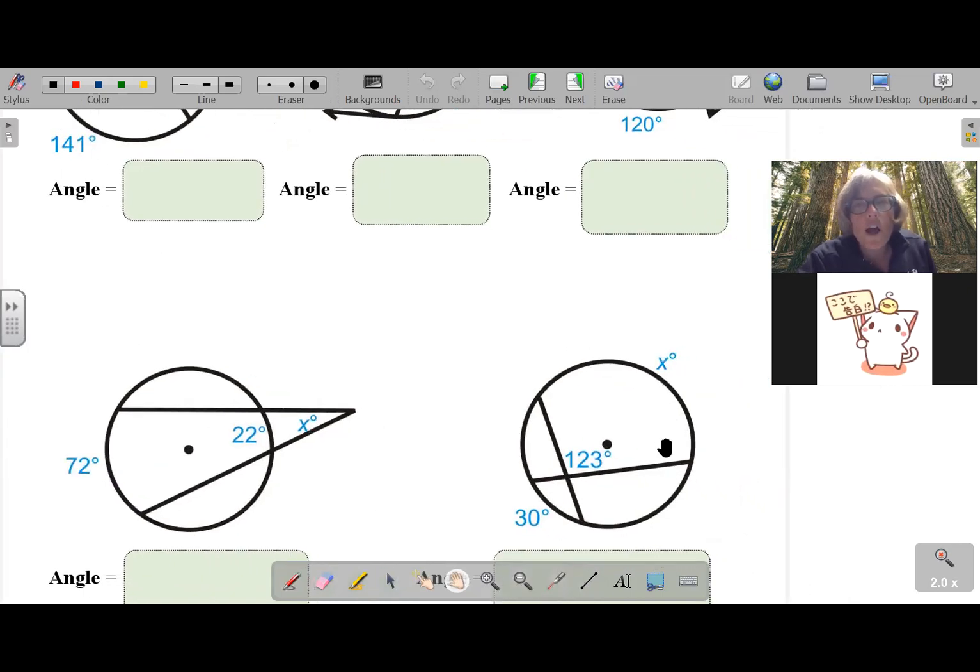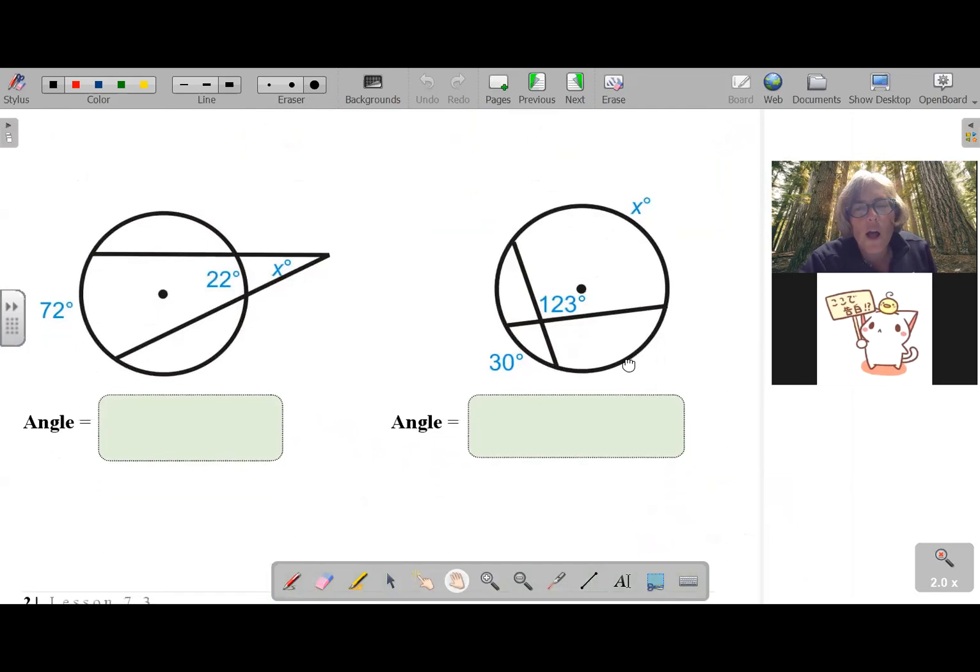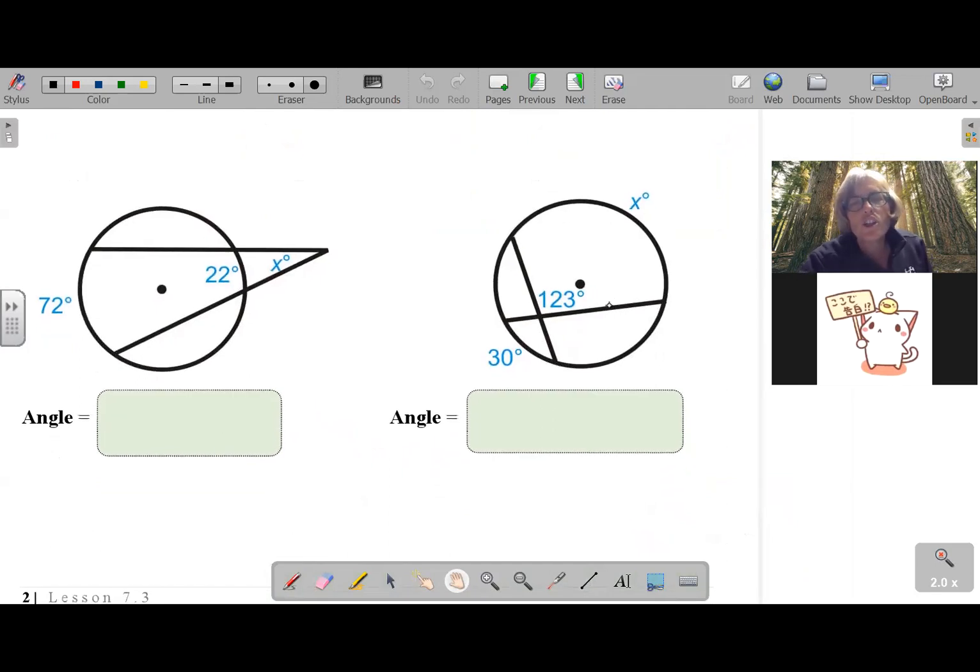Okay, we're going to do one problem from page 2 and one problem from page 3. So on page 2, lower right-hand side, let's do that one together. Start by tracing that angle. So Ryan, what kind of angle is that? Is that inscribed, tangent chord, chord, secant secant, tangent secant?